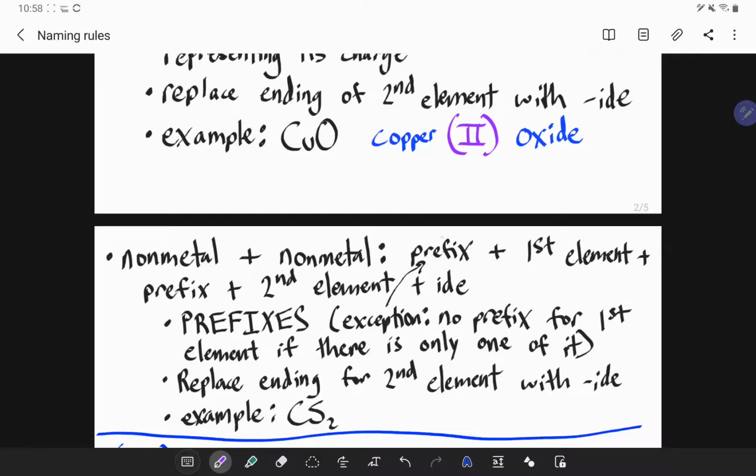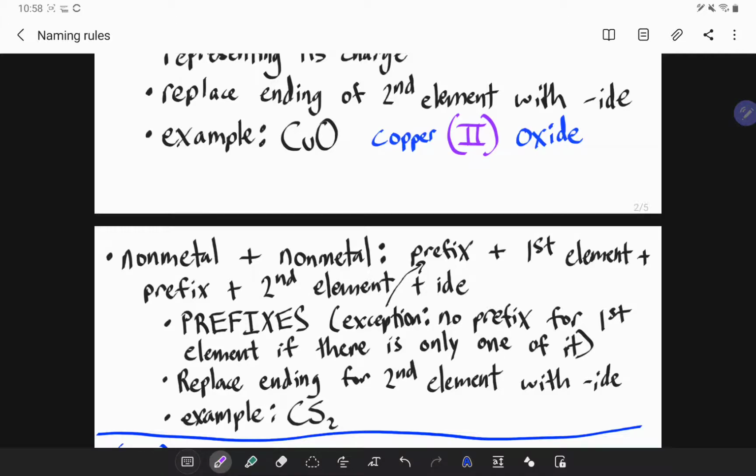What we're going to do is we are now going to use the almighty prefix, and we're going to be using a lot of prefixes. So we're going to use a prefix plus the first element, plus the prefix, plus the second element, and then we are going to slap that IDE ending on because the second element is a nonmetal.